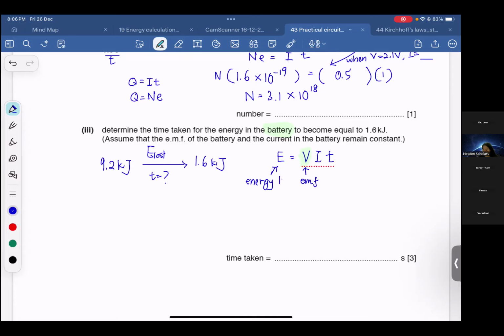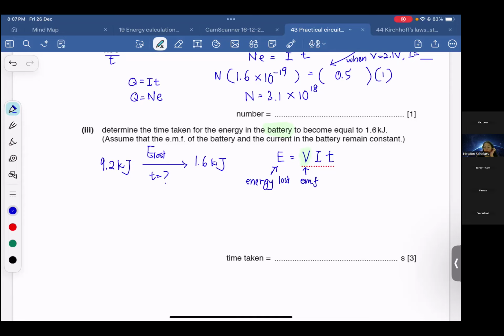So this one is energy loss. How long do you need for the energy to drop from 9.2 to 1.6? So how much energy is lost? Wesley, no. Wesley, don't forget about the prefix.